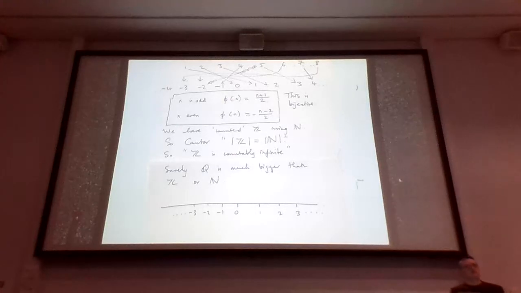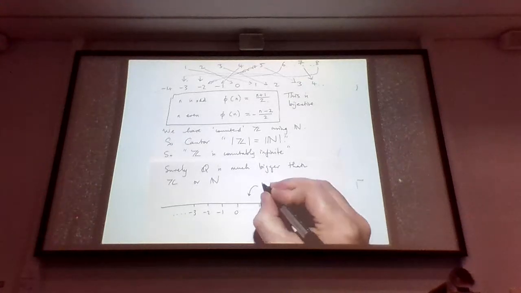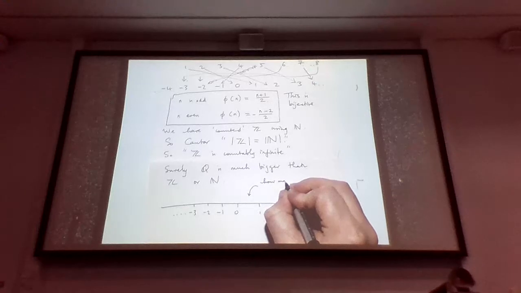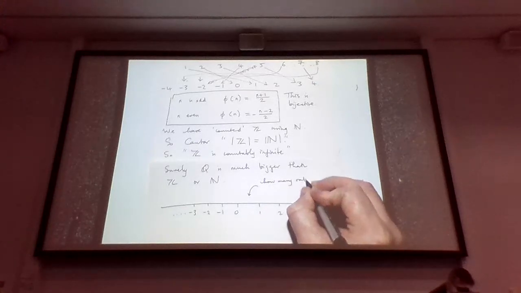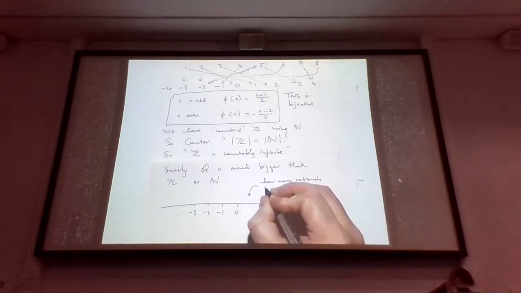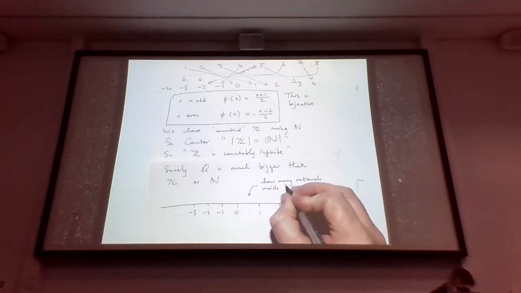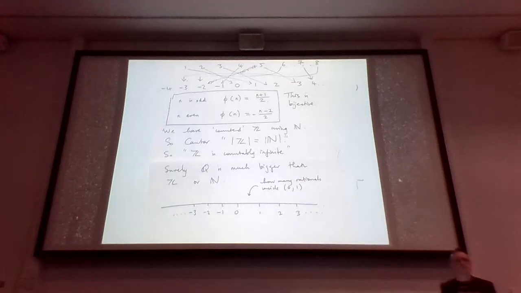I could still be a little bit worried about it, but we've seen the bijection. Fine. But think about the rationals. How many rationals are inside the interval between 0 and 1? An infinite number.